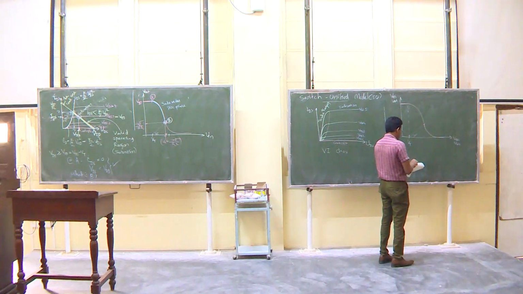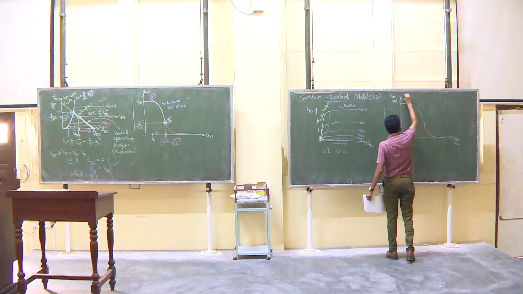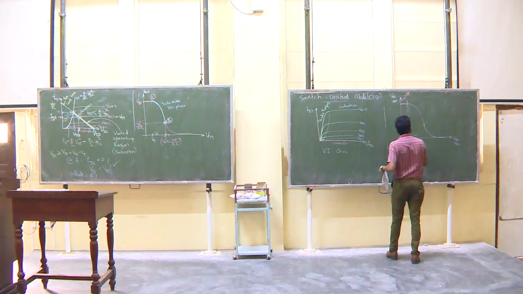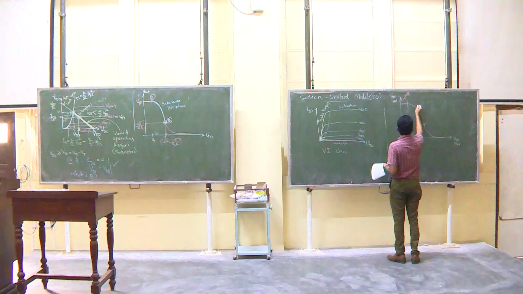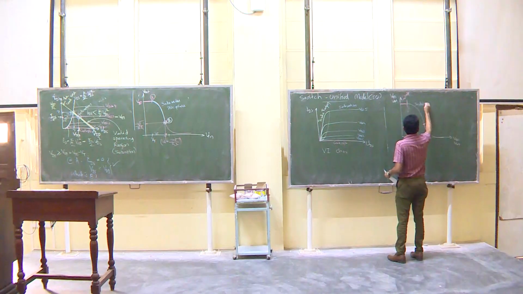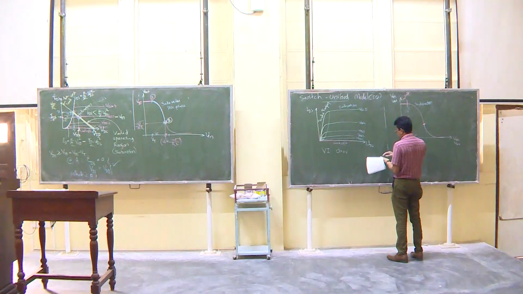Okay. So, this is cutoff, saturation is basically that, and this is triode.